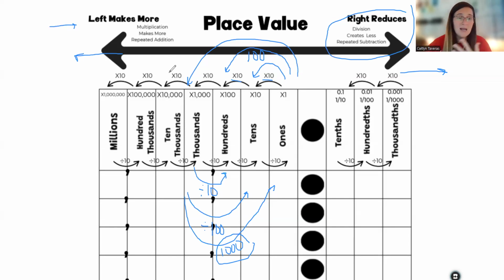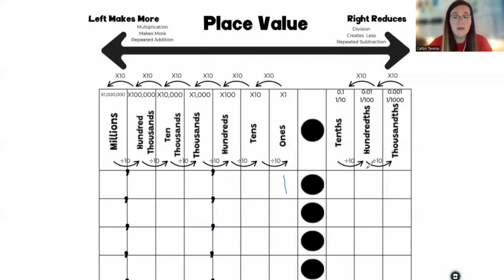Now you might be wondering, why are we talking about 10 times greater and 10 times less? And that's a great question. Now let's say we're starting with the number 1 and 45 hundredths. Now on this place value guide, we have a very big obnoxious decimal point. We've told the students that's just there to show them where the decimal point is.